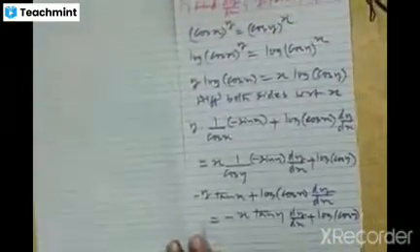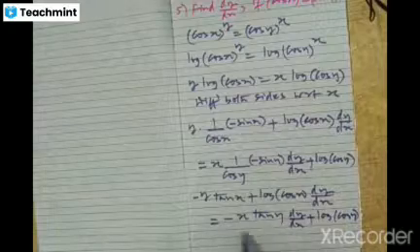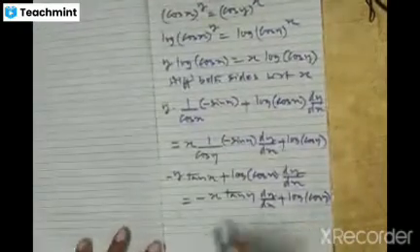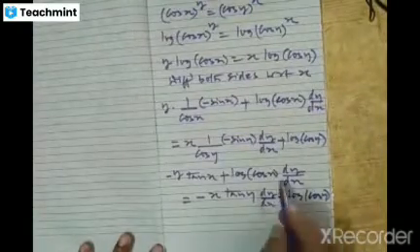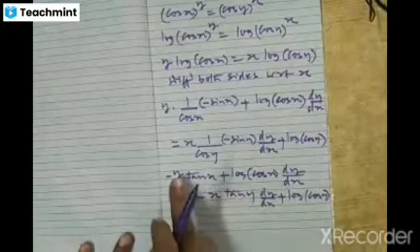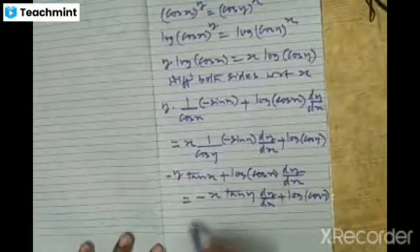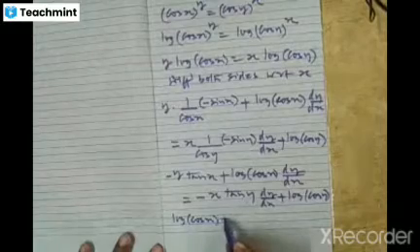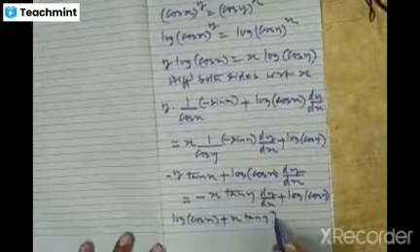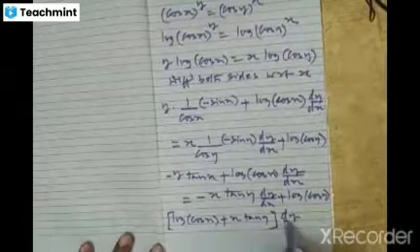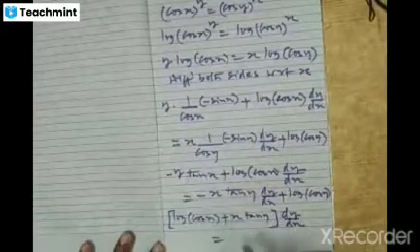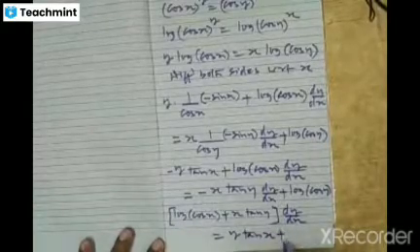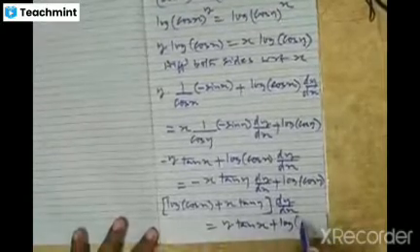In the next step, we shall shift minus x tan y into dy by dx to the left side, and we shall shift minus y tan x to the right side. Okay. Then we get, see what happens then. Here we have dy by dx: log of cos x, shifted to the left side, plus x into tan y, dy by dx is equal to, shifted to the right side, y into tan x plus log of cos y.